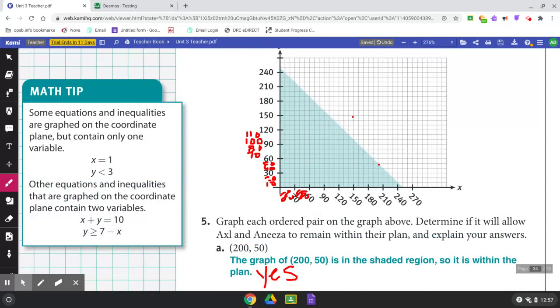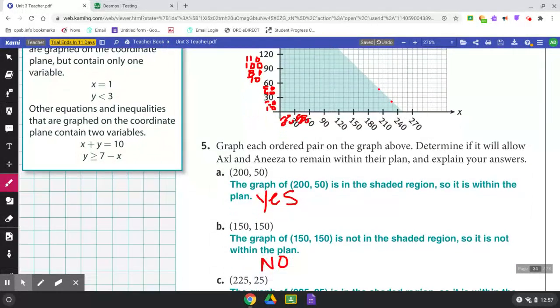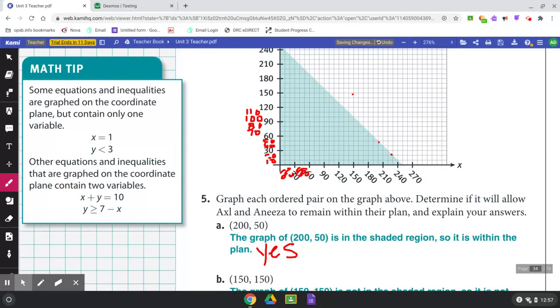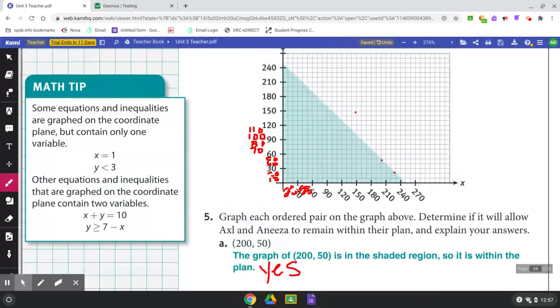The next point is 225 and 25. It's right there. That would be a yes. It lies on the line. 20 and 120 would be right there.